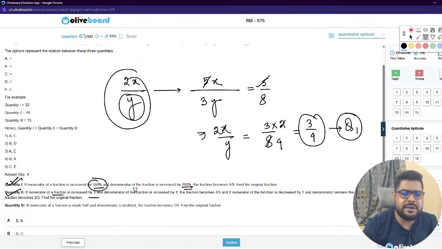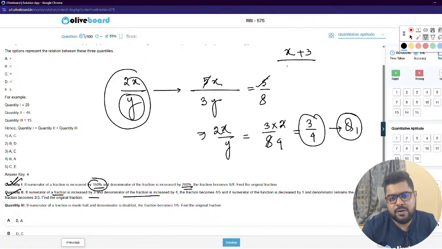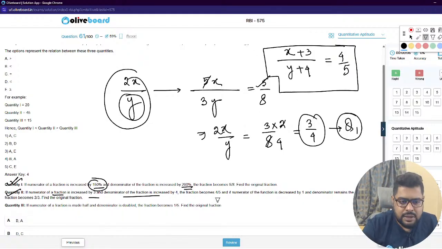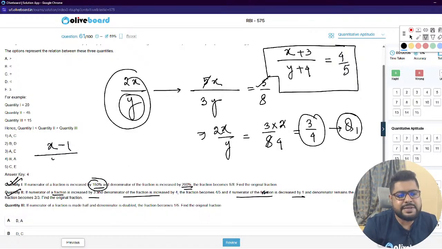Numerator of a fraction is increased by 3, and the denominator is increased by 4. It becomes 4 by 5. Then there has to be another equation. The numerator is decreased by 1, it will be a fraction, not function, and the denominator remains the same.